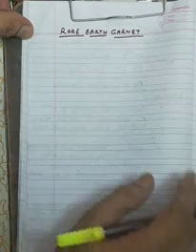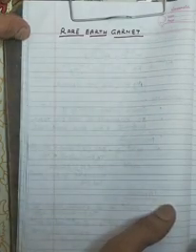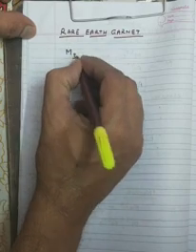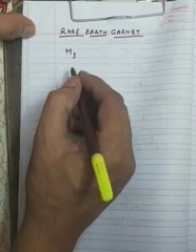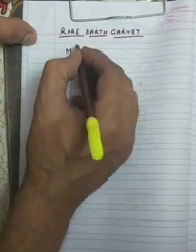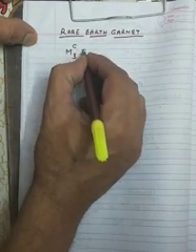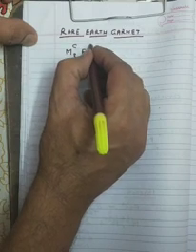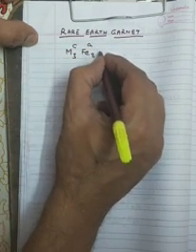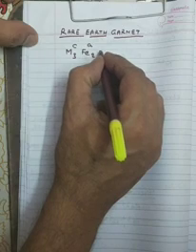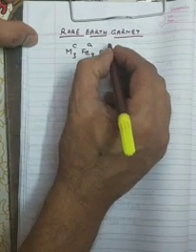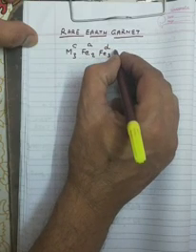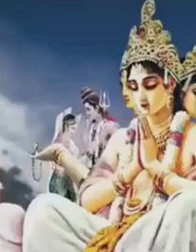Let me first write the general formula for this rare earth garnet. So, M3 C, then Fe2 A, and then Fe3 D, O12.